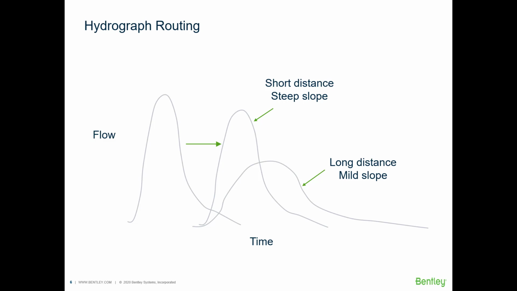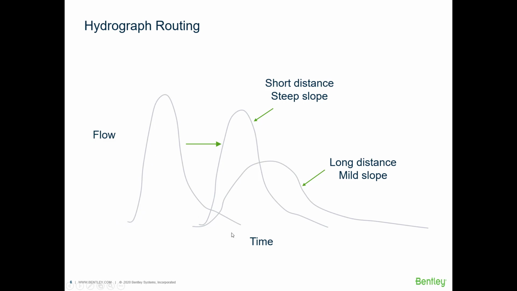Now, in hydrology, we talk a lot about routing, and routing is a technique that is used to predict the changes in shape of a hydrograph as the water naturally moves through the system. So take a look at the picture here.